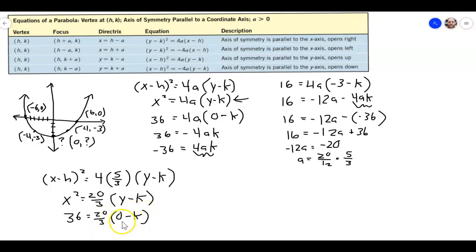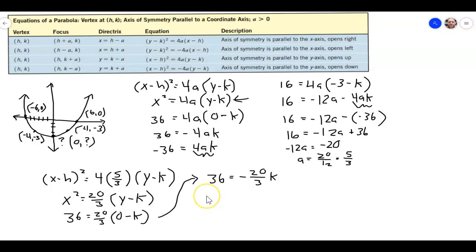Because 0, 6 is a point, and I just plugged that in there. So this is going to give us 36 is equal to negative 20 over 3k.